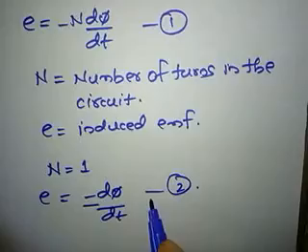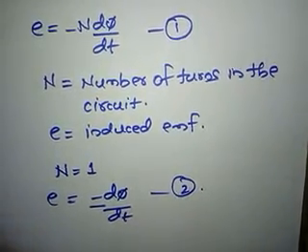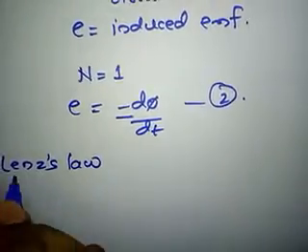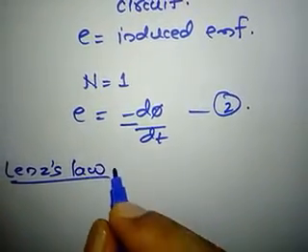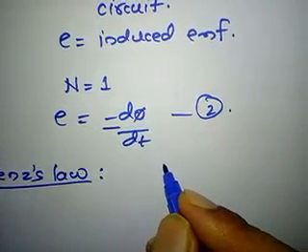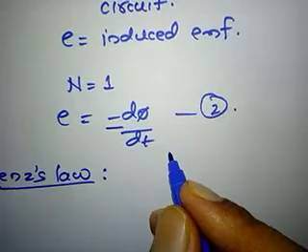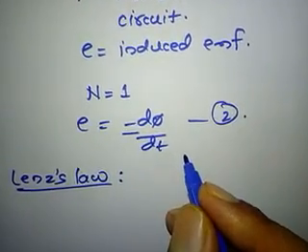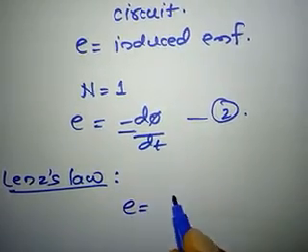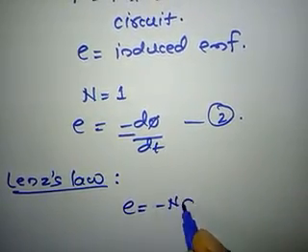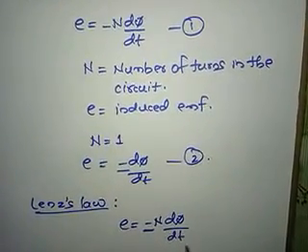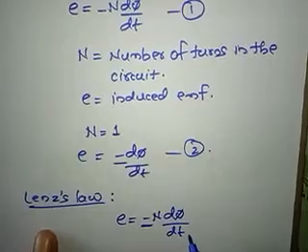With this statement of Faraday's law, next let us go to Lenz's law. This Lenz's law gives the direction of induced EMF. It says that the direction of induced EMF is such that it opposes the cause producing it. So what does it mean? As in the above equation of Faraday's law, we have E is equal to minus N into d phi by dt. The significance of this negative sign is given by Lenz's law.